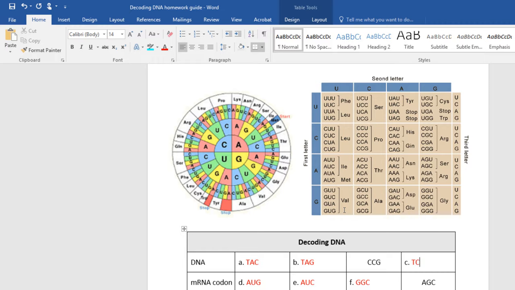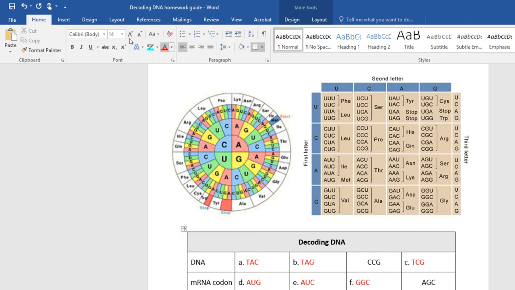G pairs with C, C pairs with G. In the anticodon, A will pair with U, because remember, it's apples in the tree, but we're not allowed to have a tree. We're not allowed to have T in the anticodon. G pairs with C, C pairs with G.